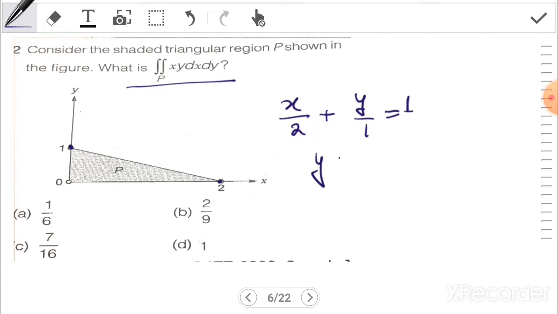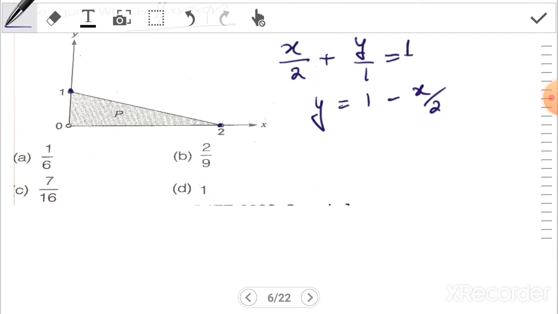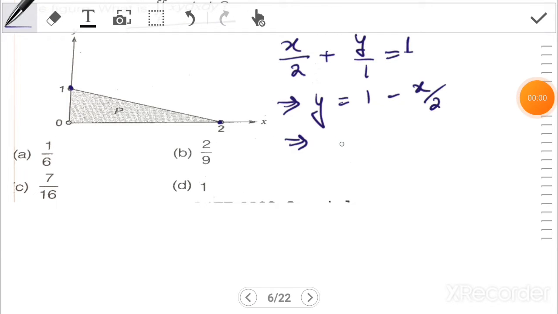So y is equal to 1 minus x by 2. This gives x is equal to 2 minus 2y. Okay, let us consider a horizontal strip.